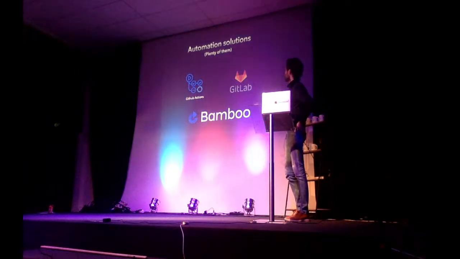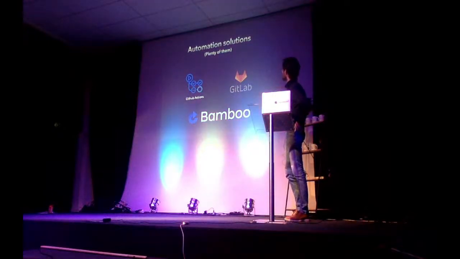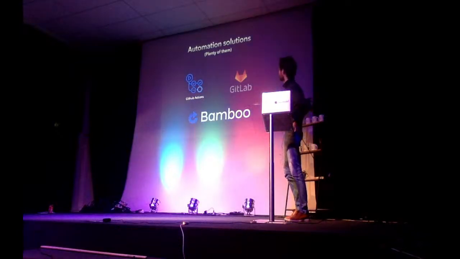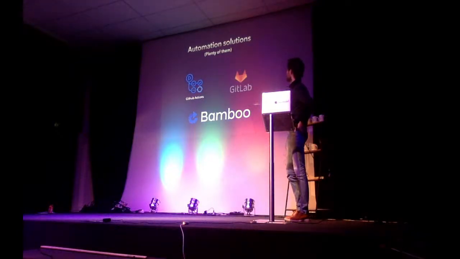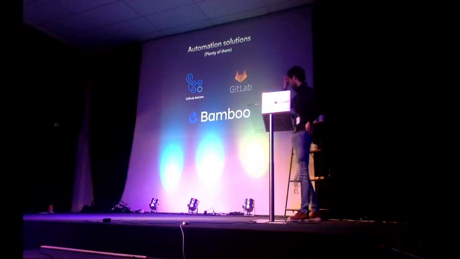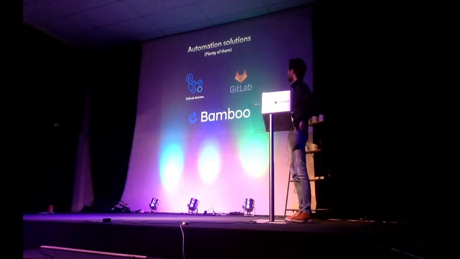There are a lot of automation solutions. I didn't mention Azure and Jenkins and all this stuff. I was just too lazy to load all the logos. But what I used personally, Bamboo, is a usual enterprise solution.